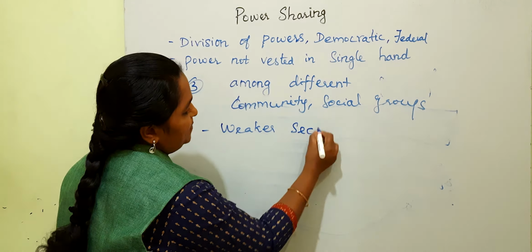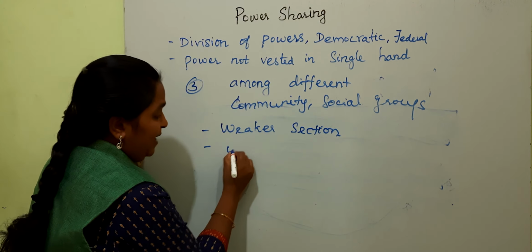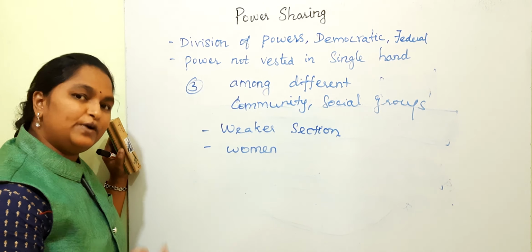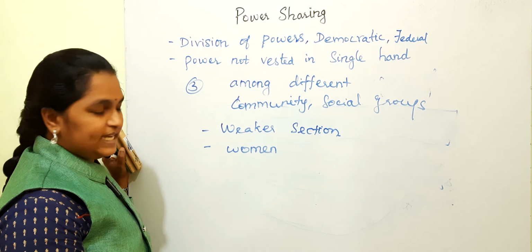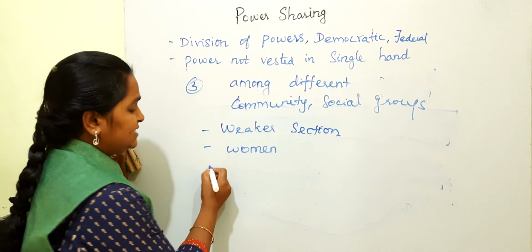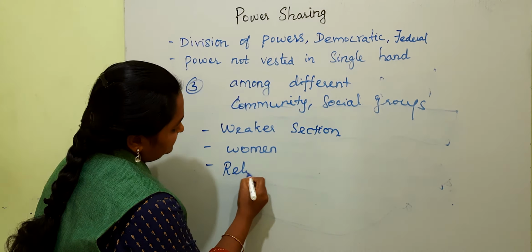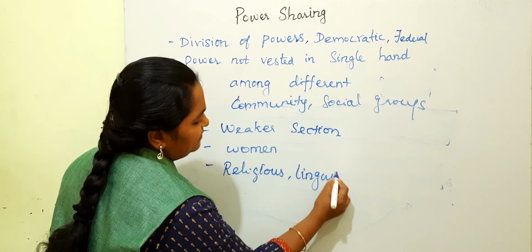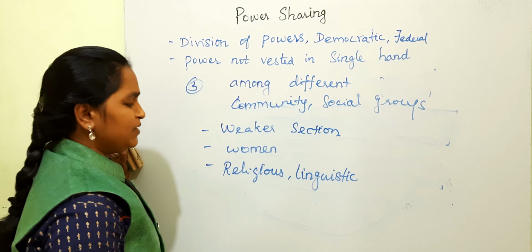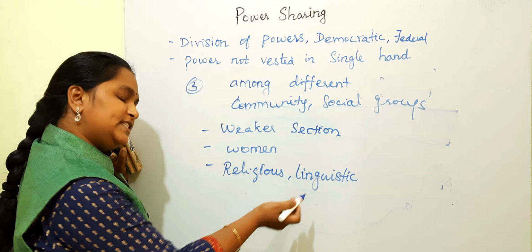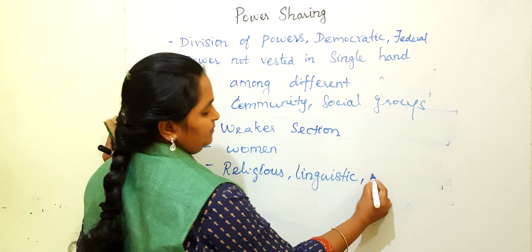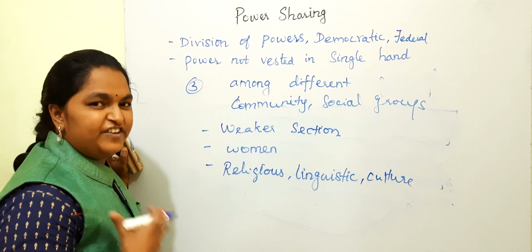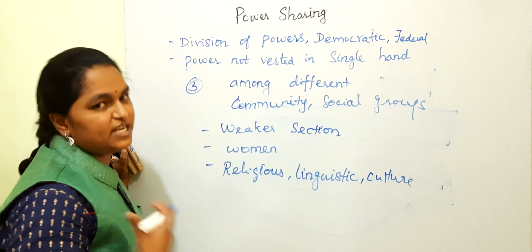SC and ST, we know, are scheduled caste and scheduled tribe people; they are the weaker sections. And different communities may be religious, linguistic, that is language, or cultural. So based on this, there are different social groups and sections in our country.